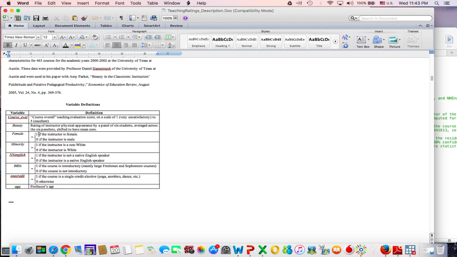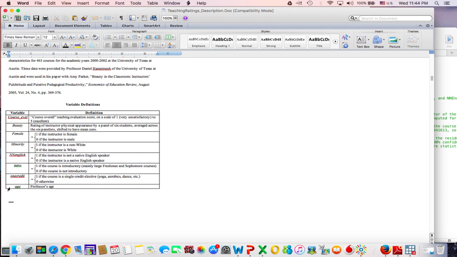Female takes 1 if the instructor is female, 0 if male. Minority takes 1 if the instructor is non-white, and 0 if white. English takes 1 if the professor is not a native English speaker. Intro takes 1 if the course is introductory, and then 1 credit takes 1 if the course is a single credit elective.